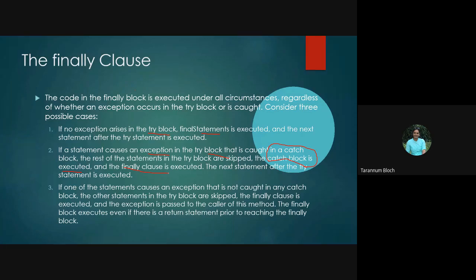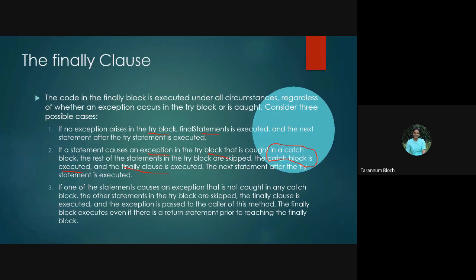And the third situation: one of the statements causes an exception that is not caught in the catch block, and the other statements of the block are skipped. Are you getting the point? Because with catch, we are specifying the object type.